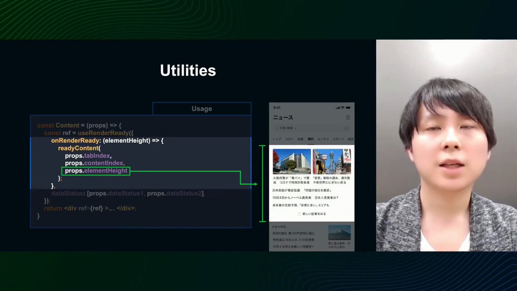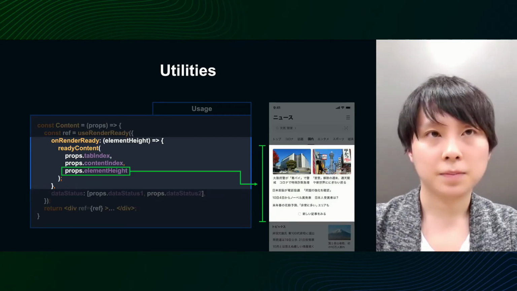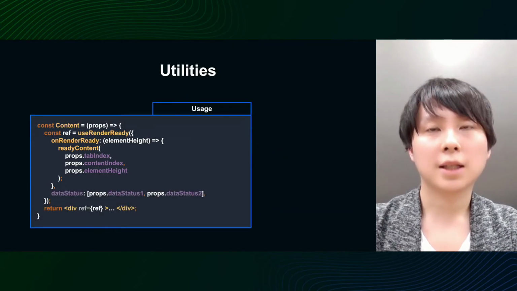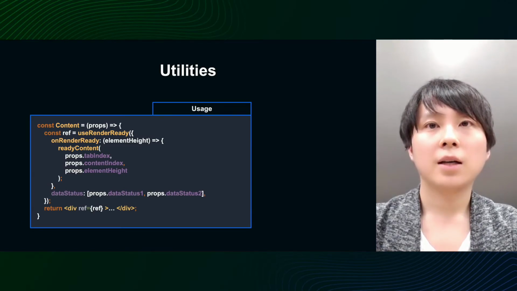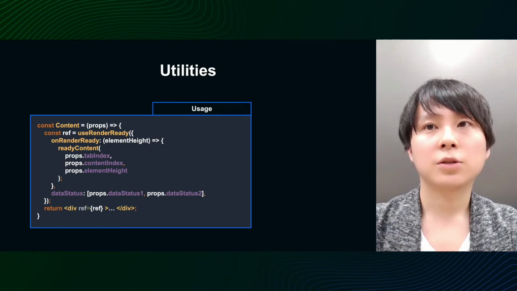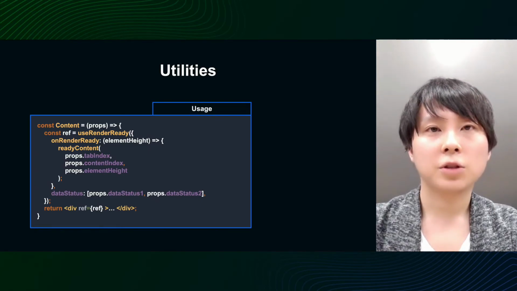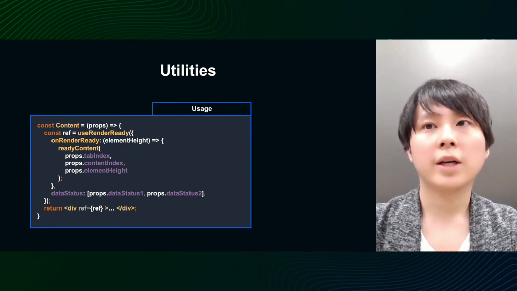The height of the content is passed as an argument. The above is the implementation of storing the height and index of a component in the store. These utilities can be applied to existing component implementations or used in new components in the future to reduce the implementation cost of lifting the skeleton screen.